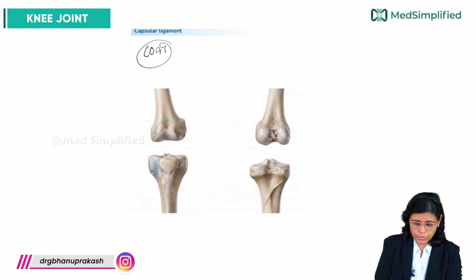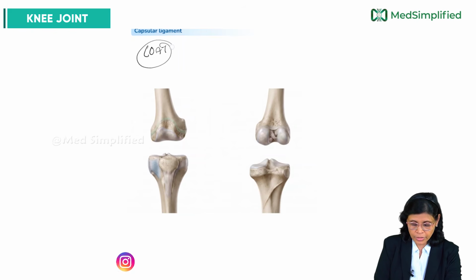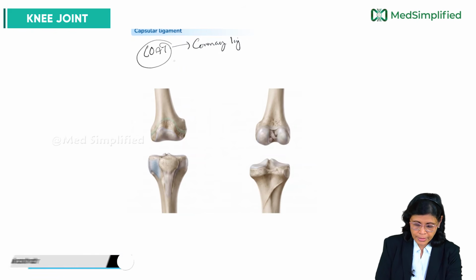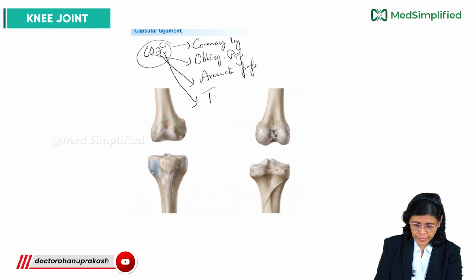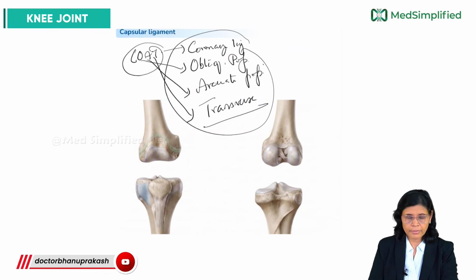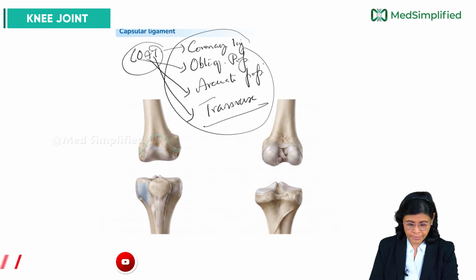C is for coronary ligaments, O is for oblique popliteal, A is for arcuate popliteal, and T is for transverse.